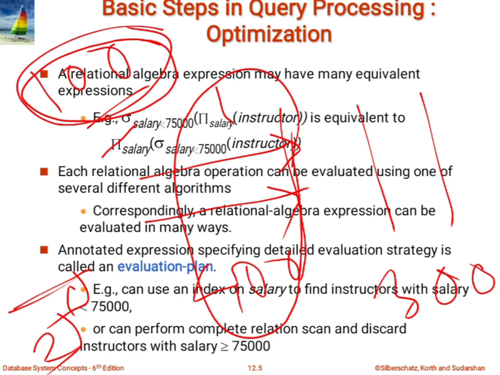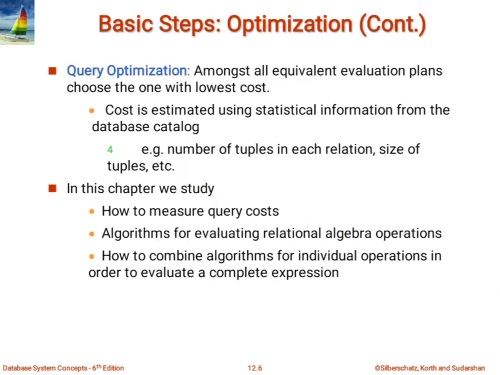In this way the optimization of the query takes place. Out of the equivalent evaluation plans, whichever plan gives me the least cost, I am going to select. That is called query optimization.